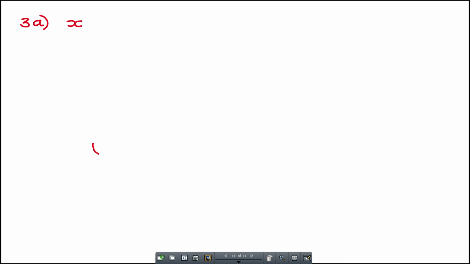Right. Now, square root of x squared, that will just become x. And over here, square root of x to the power of 4 will just be x to the power of 2. And that multiplied gives me x to the power of 3.